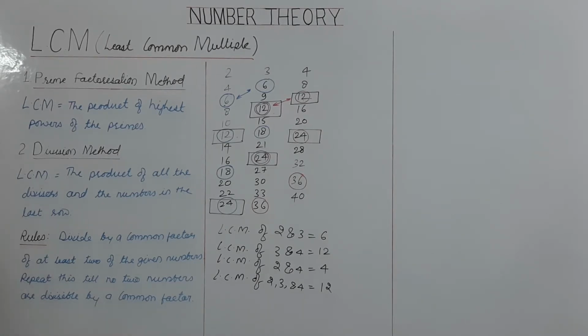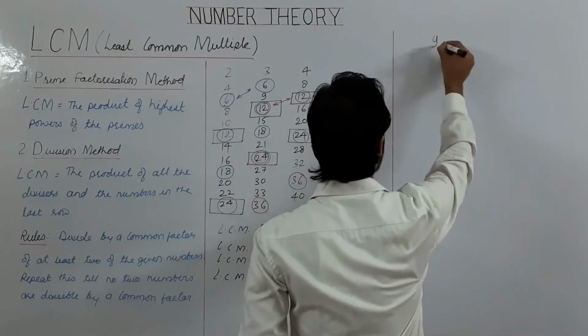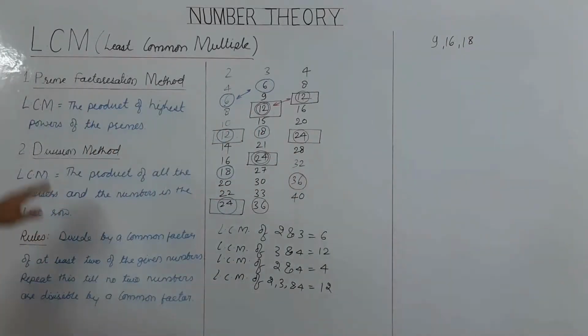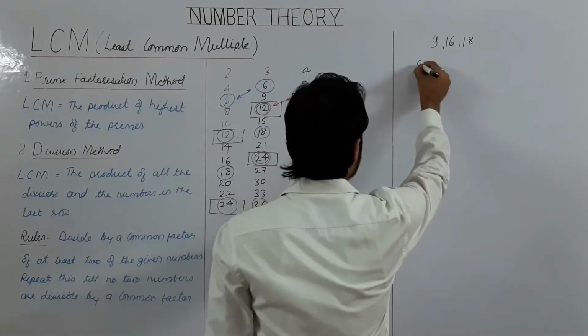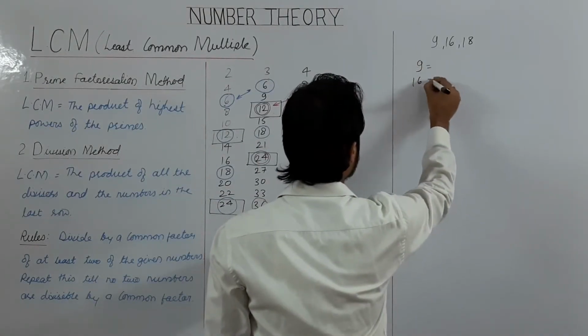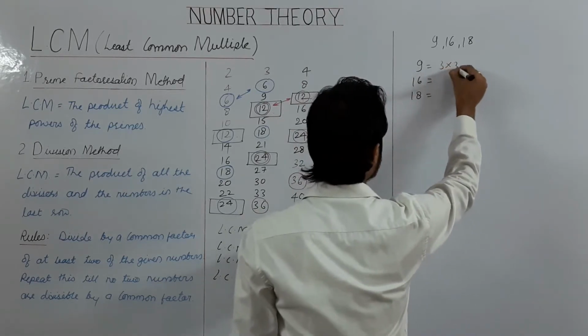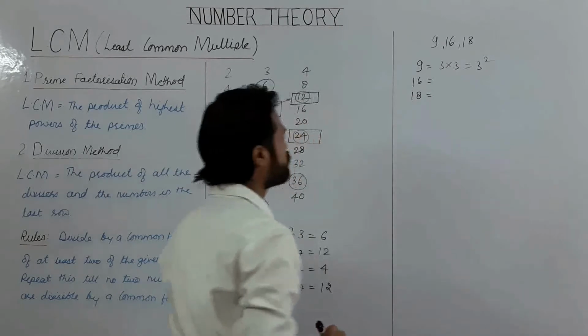So let's take another example for finding LCM using prime factorization and division method. Say given numbers are 9, 16 and 18. First, from prime factorization, write prime factors of 9, 16 and 18. For 9, 3 into 3 or square of 3.